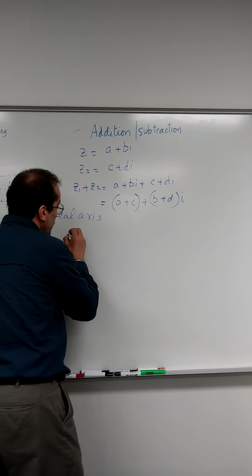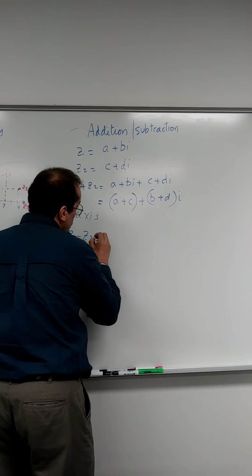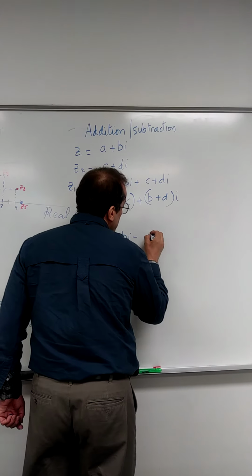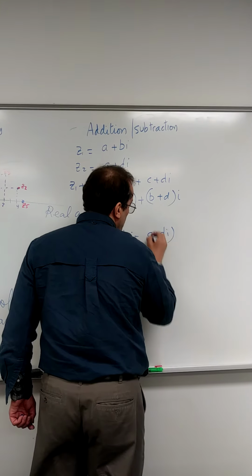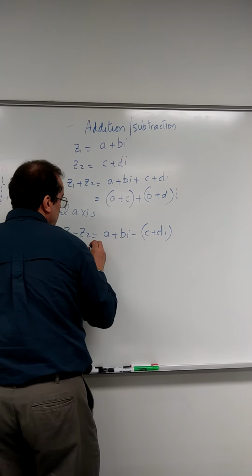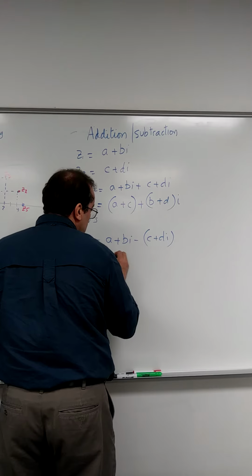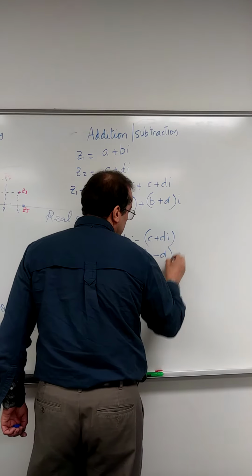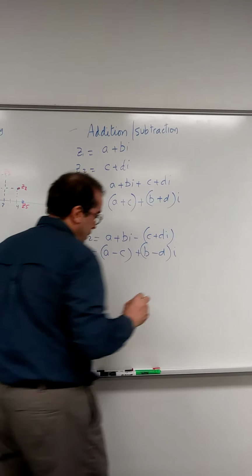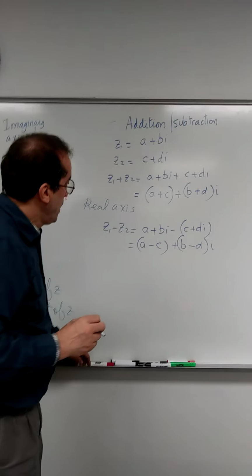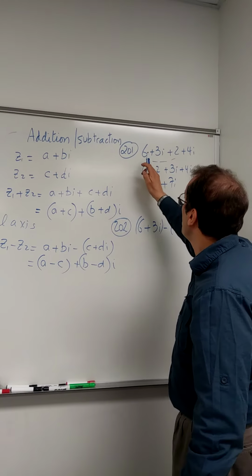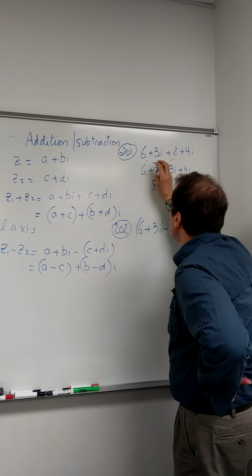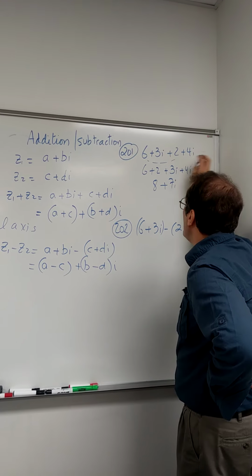And for subtraction, z1 minus z2 will be a plus bi minus (c plus di). I'm going to put this in parentheses. So this will be (a minus c) plus (b minus d)i. Let's do these examples. 6 plus 3i plus 2 plus 4i.